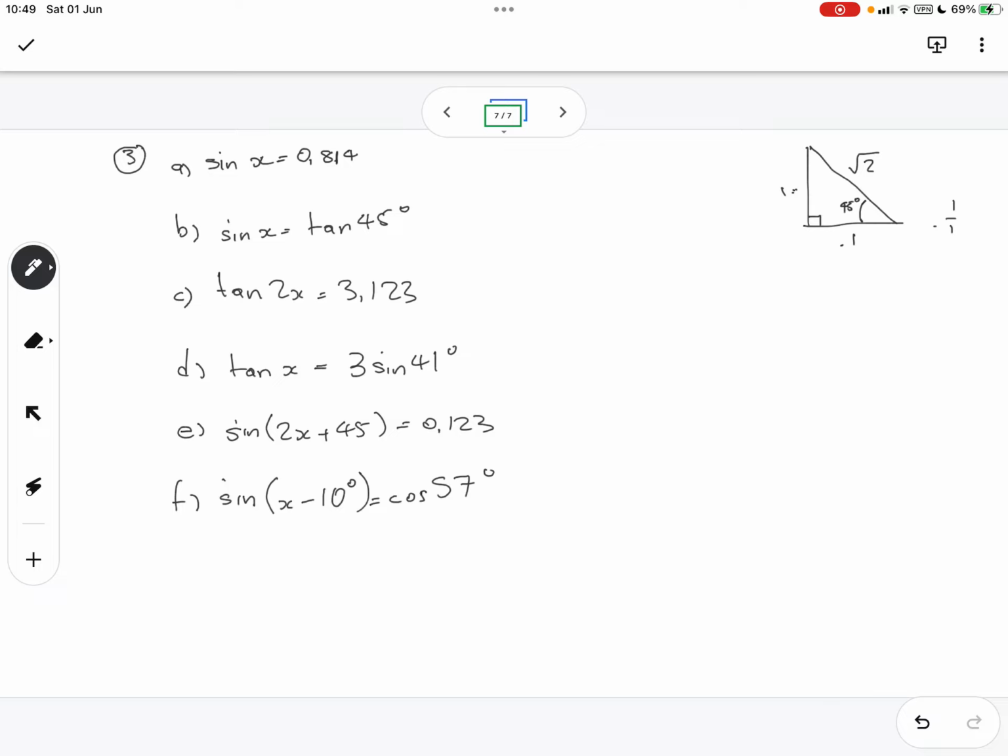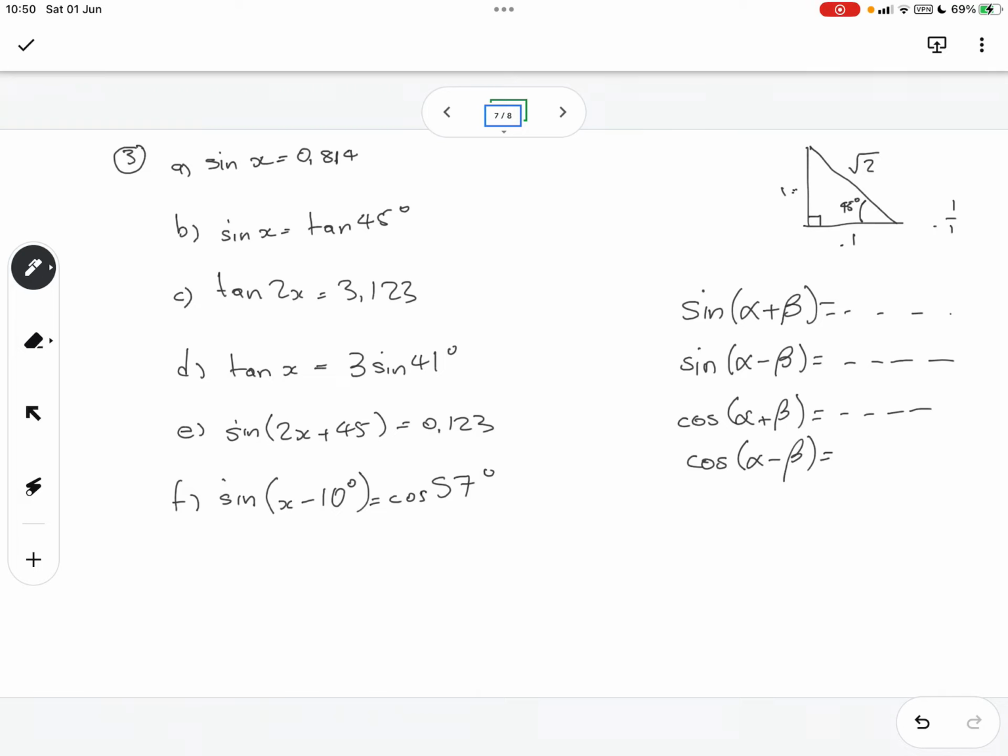In matric, we've got compound angles where you will have the sine of alpha plus beta, and it equals some identity. We also have the sine of alpha minus beta, which equals a different identity. We also have the cos of alpha plus beta, which is a separate identity, and the cos of alpha minus beta, which is its other identity.